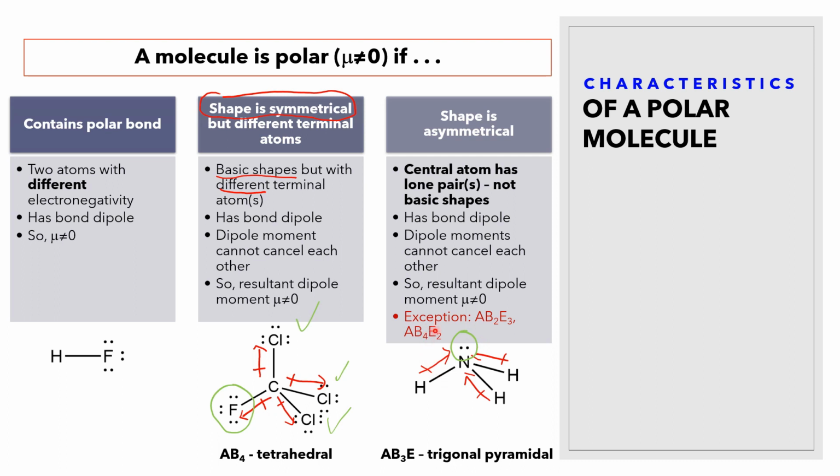Tetapi exception untuk AB2E3 dan juga AB4E2. Walaupun this central atom having lone pair, okay, dalam linear here dan dalam square planar here, tetapi these two molecules are non-polar molecules. Okay, so this exception kita dah bincangkan dalam characteristic of a non-polar molecule just now.